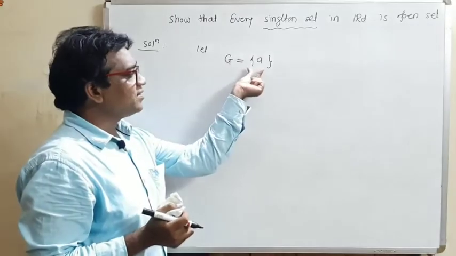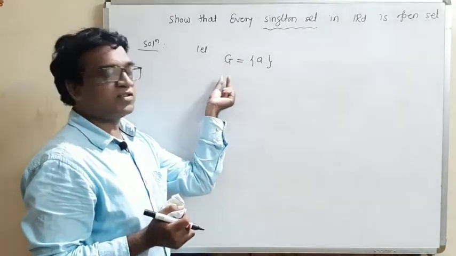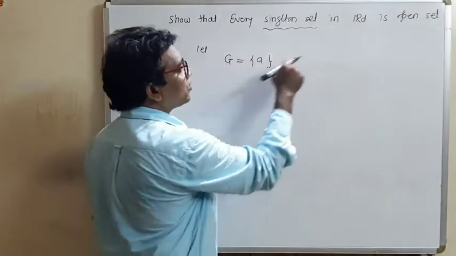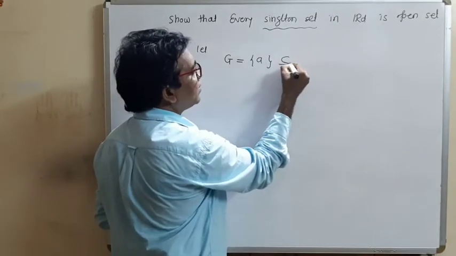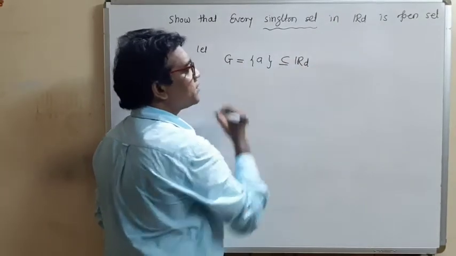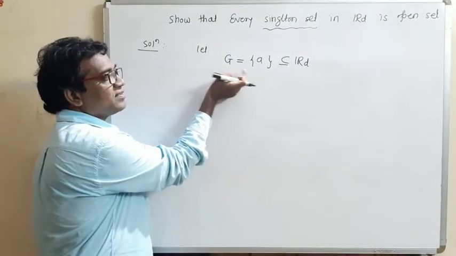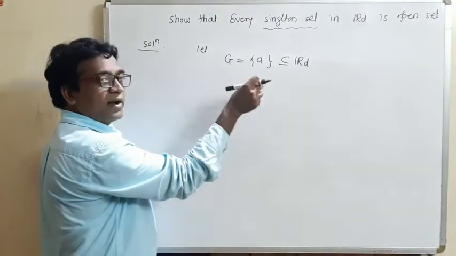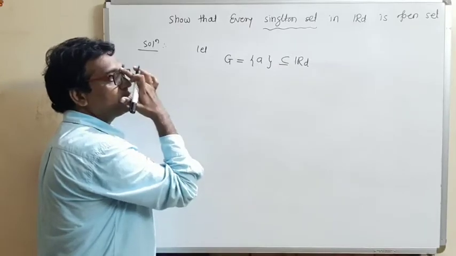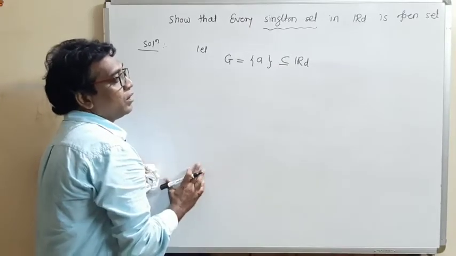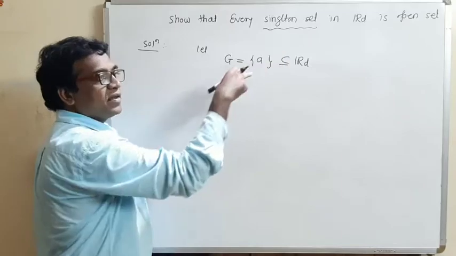We have denoted this singleton set by G. Consider G as a singleton set in R_d. So right here, this is a subset of R_d. So see, what is this notation? We have taken this G as a singleton set in R_d, where R_d is a discrete metric space. Now we want to show that this G is an open set.